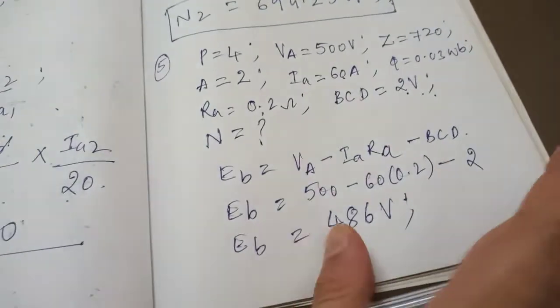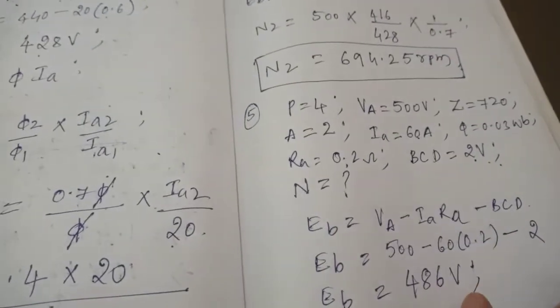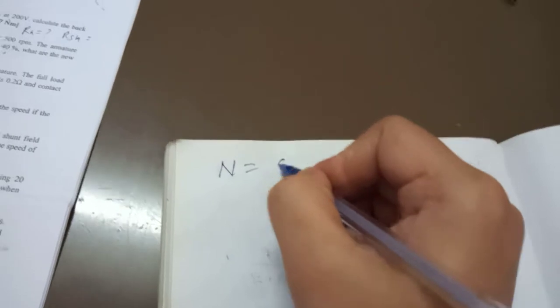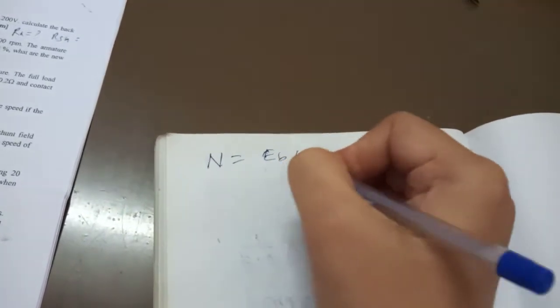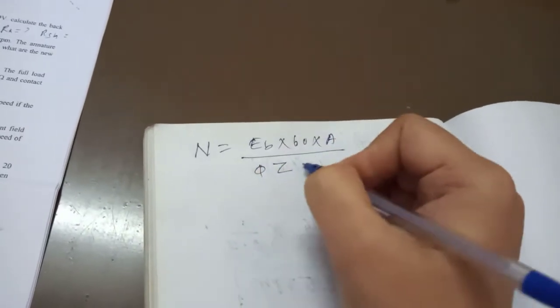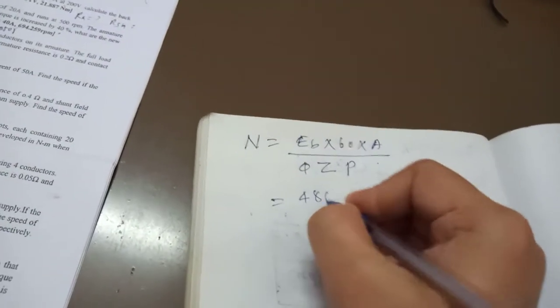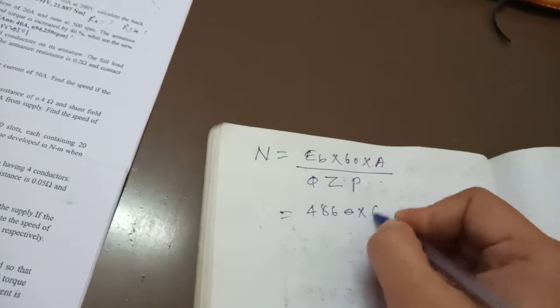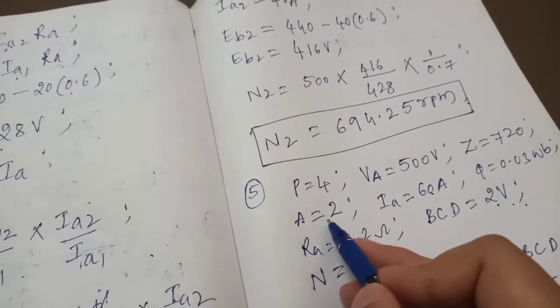Now what is the full load speed? I have the formula N is equal to EB into 60 into A divided by PZP. The value of EB developed is 486 volts. So 486 into 60 into A, the number of parallel paths; it is wave connected, so it is 2.